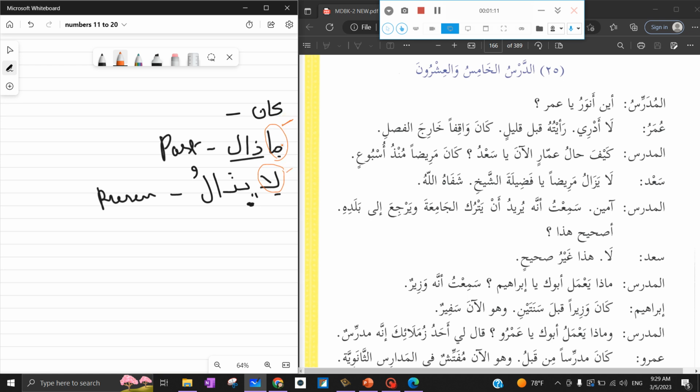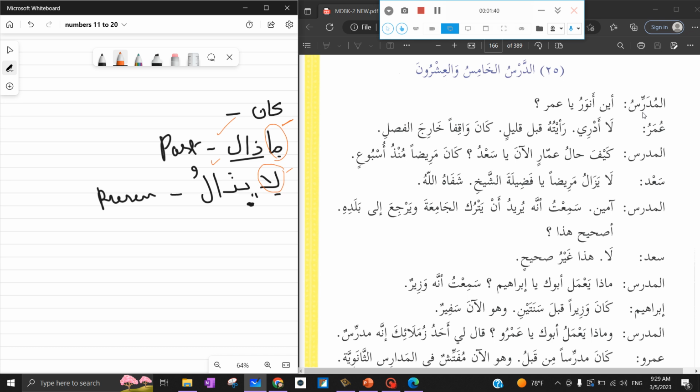We will learn about the usage of zala, ma zala and la yazalu, and also about the asmaul khamsa, the rules of ab and akh. It's a very easy lesson. So let's get started with the lesson first, and then we will come to the exercise of this lesson.